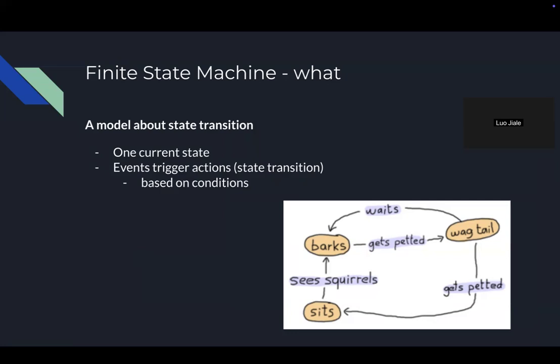Some events trigger an action, and that action is called a state transition. In the event of some trigger, your character transitions from one state to another and does something different.